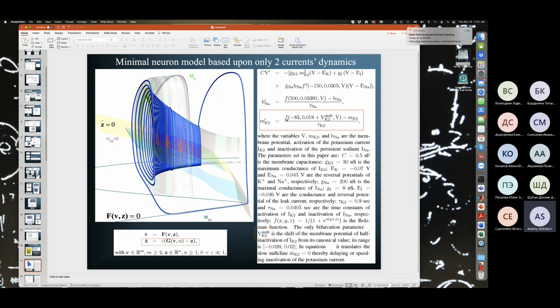And then F opens at a certain level, and then this function becomes 1, which means that this value is going to be 1, which means M variable will try to get to 1. And this is again F infinity function, which is sigmoidal function. What's interesting is that this sigmoidal function has an intermediate value when probability is 1/2, so whether the channel is semi-closed, semi-open, and this occurs at the level of negative 18 millivolts. That's how you interpret this number.